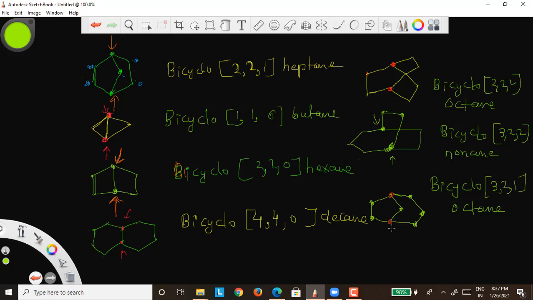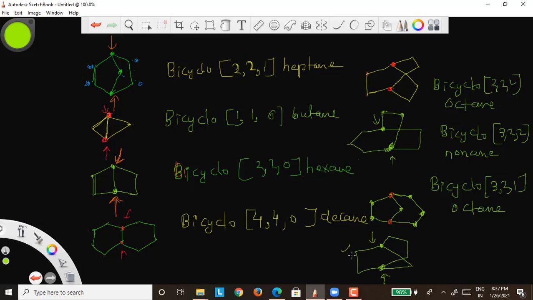Okay, so it's not necessary that the shortest one you have to keep in the middle. You can rotate this also. Say, sir, I want to draw like this. In 3D view you can rotate and it looks like this. Here also these two are bridgeheads.